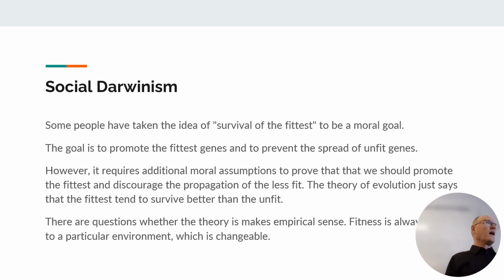Eugenics is especially notorious as being embraced by the Nazis. The Nazis argued that the German race, or the Teutonic or European race, was the superior race, and other races were inferior. The Nazis are especially notorious for their program to eliminate the Jews.